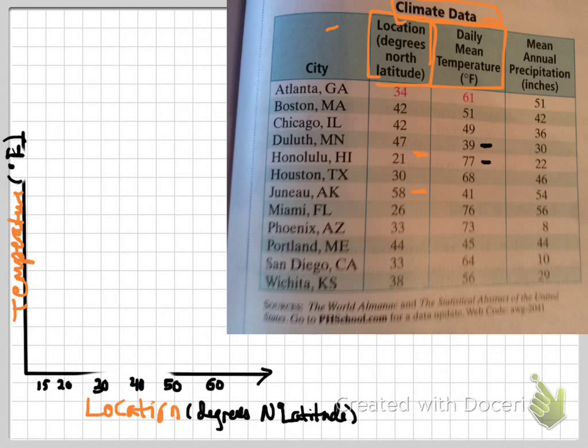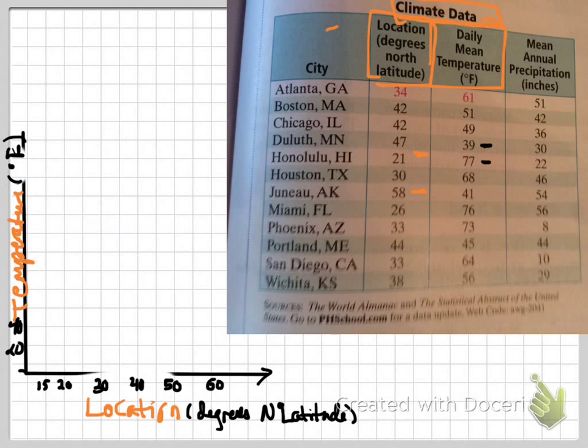So I'm going to start at 0. I'm going to put on my chart here up to, let's see, we'll go up by 20s. So 20, 40, 60.